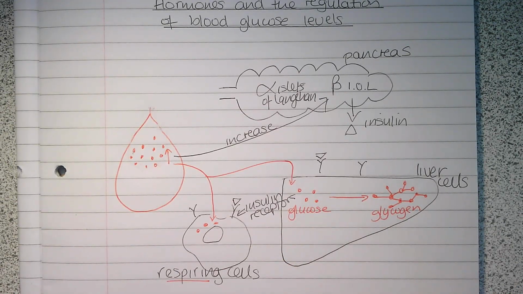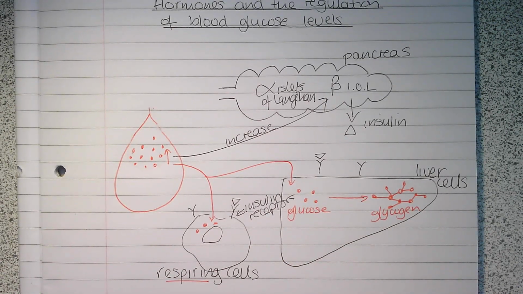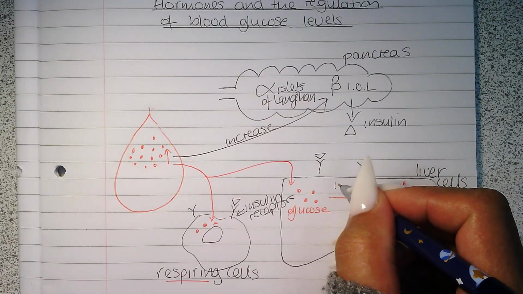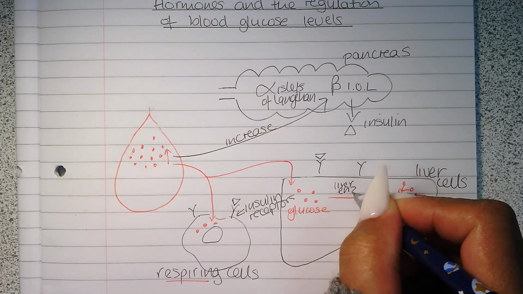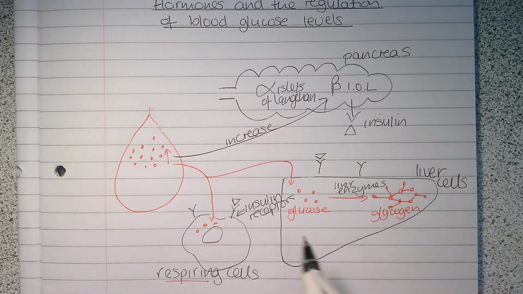This conversion of glucose to glycogen is facilitated by liver enzymes. And as a result, the glucose is brought back to a level that is within narrow limits. So this is homeostasis.